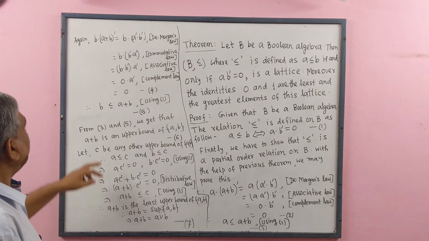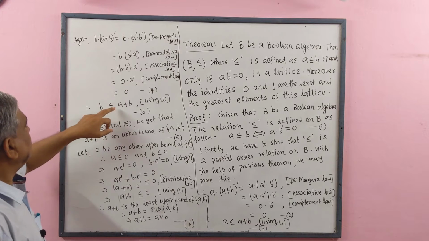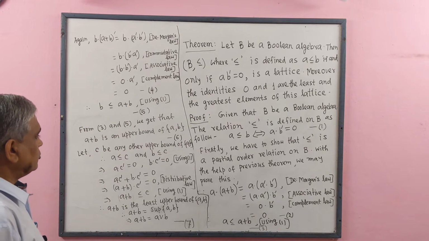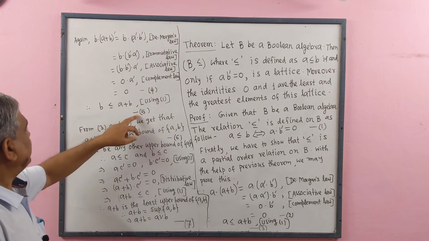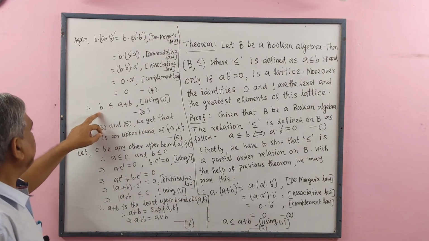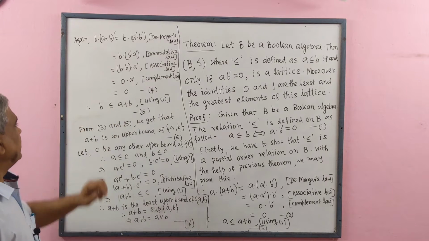So using 1, again we get here B is related to A plus B. So from 3 and 4 we get that both A and B are related to A plus B.